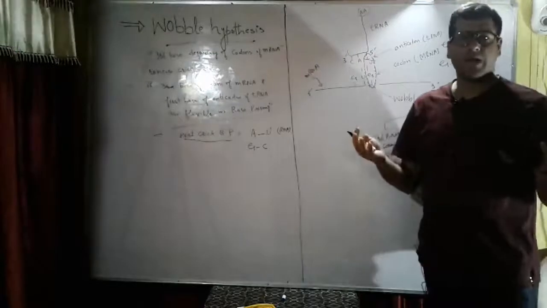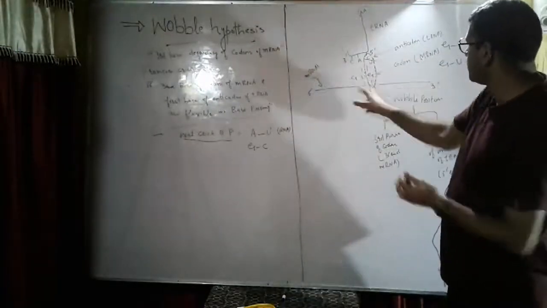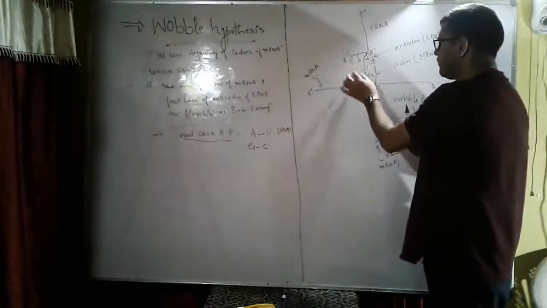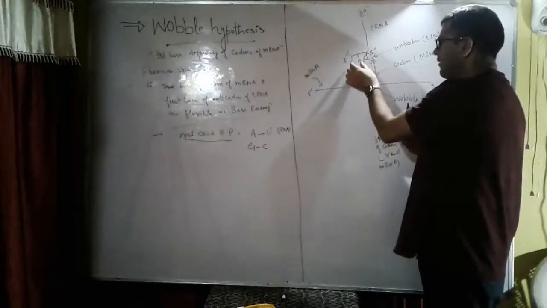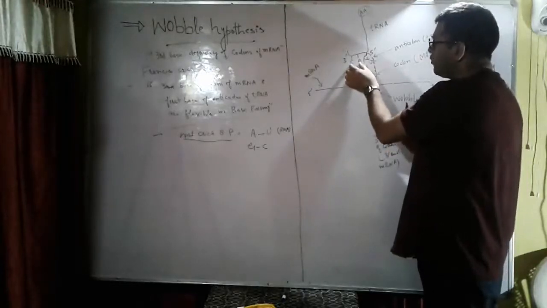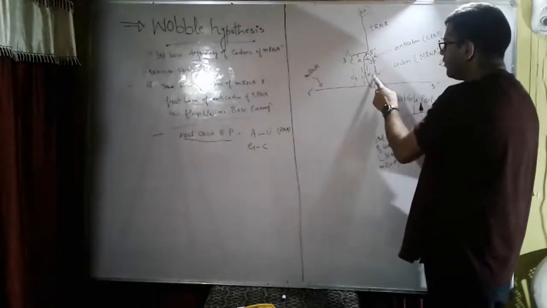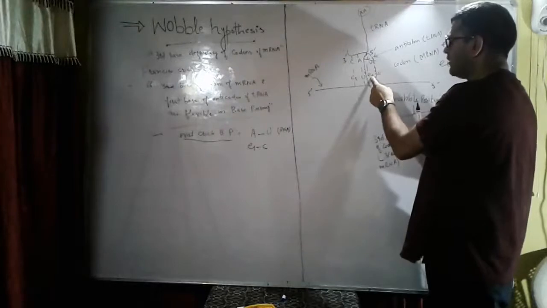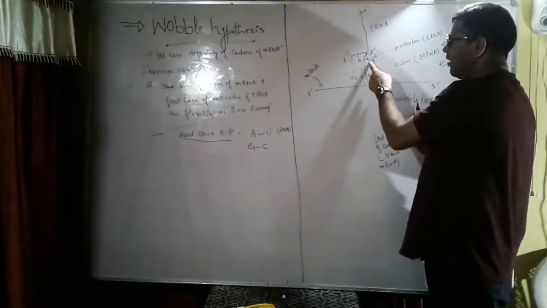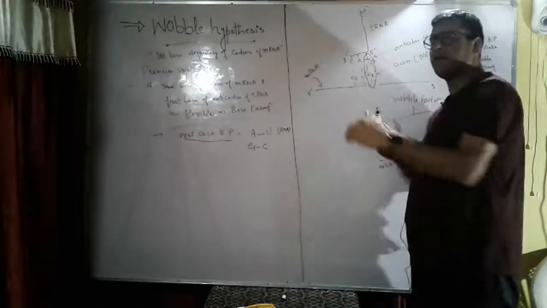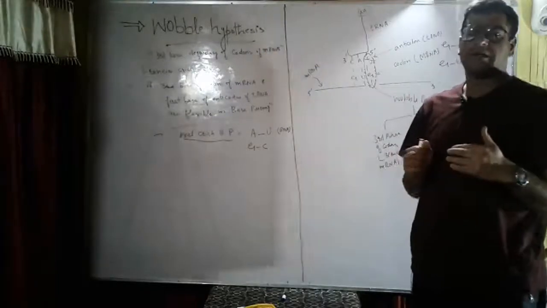So what do we mean by wobble hypothesis? According to the wobble hypothesis, only the first two bases of the codons of mRNA show precise base pairing with the two bases of the anticodon of tRNA, whereas the third base of the codon of mRNA and the first base of the anticodon of tRNA show flexibility in their base pairing.